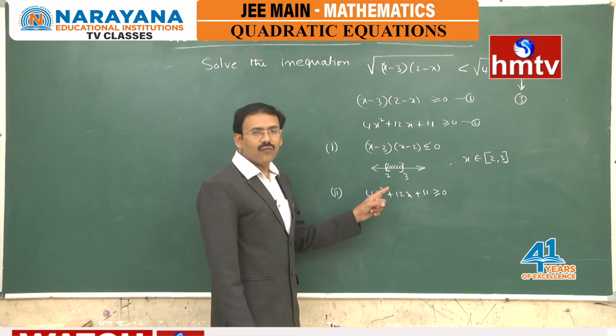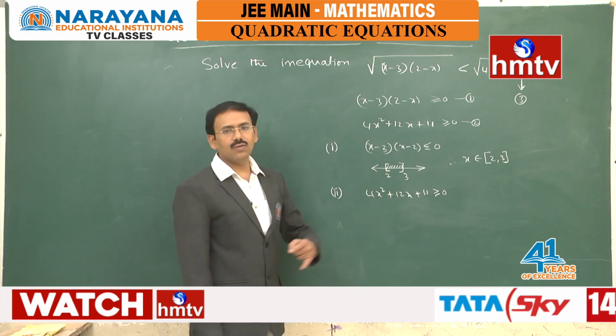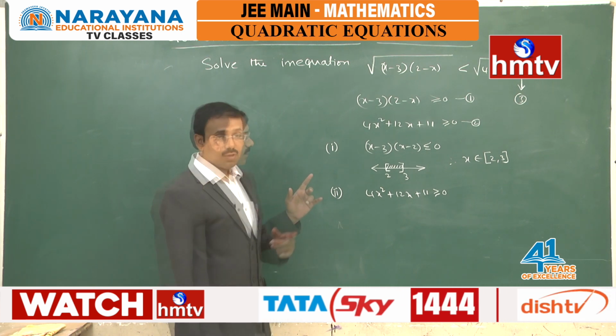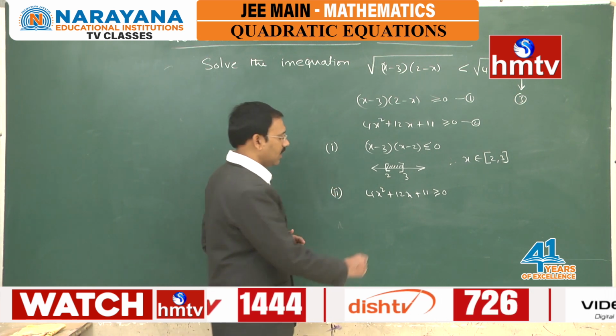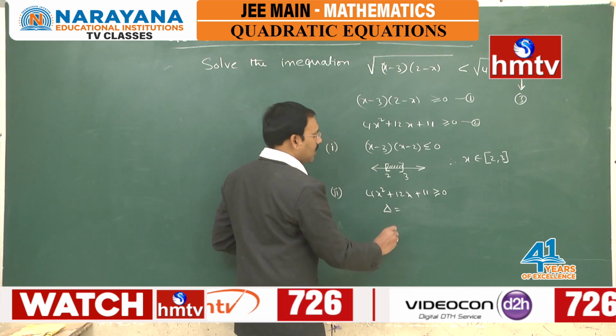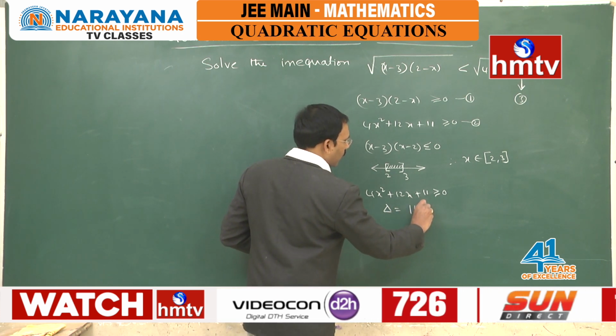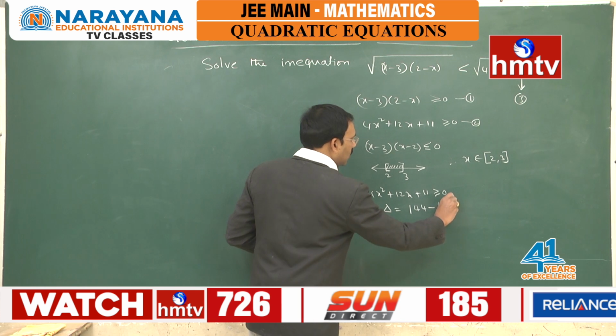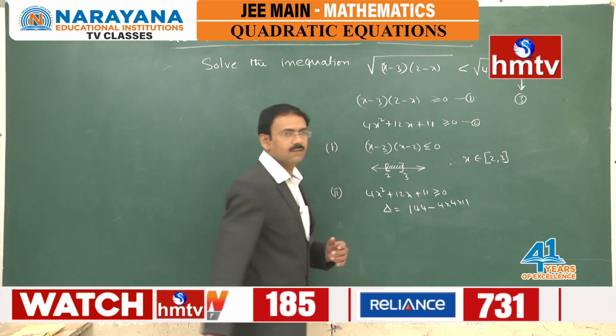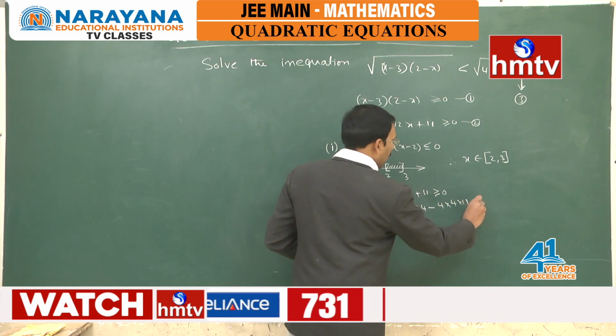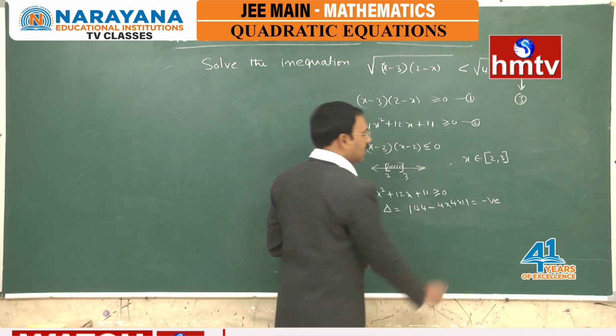If you try to factorize this, you are not going to get the factors, or you can apply the basic formula. Here you can observe that delta is b square, 144 minus 4 into a into c, which is a negative quantity.